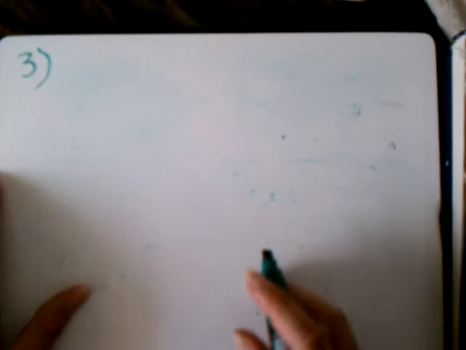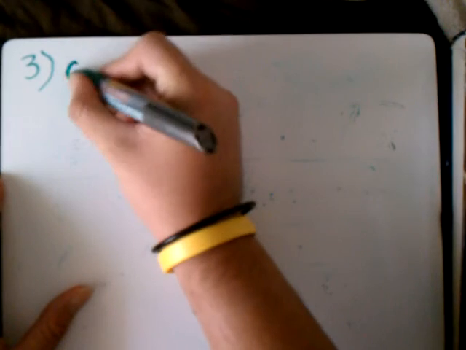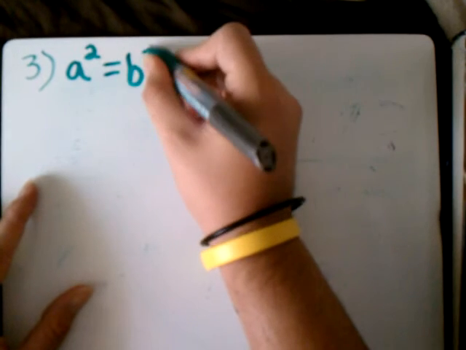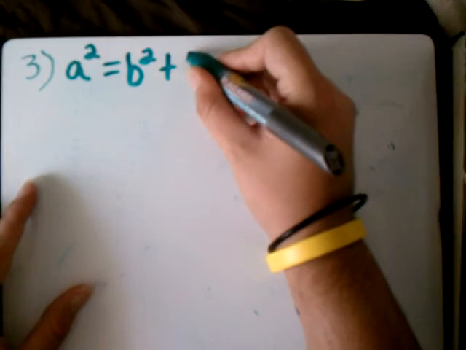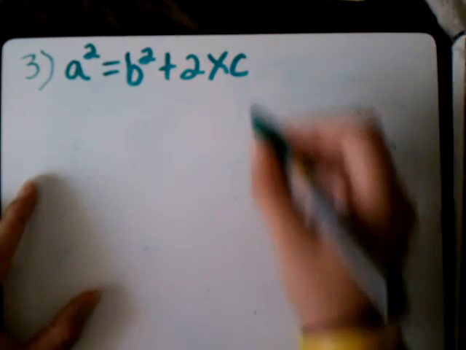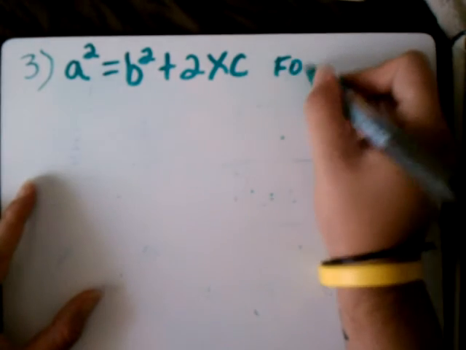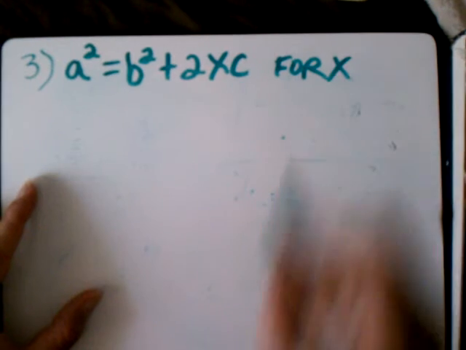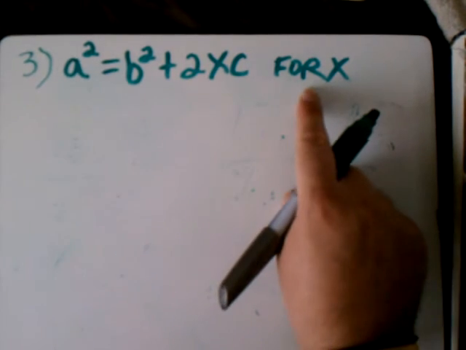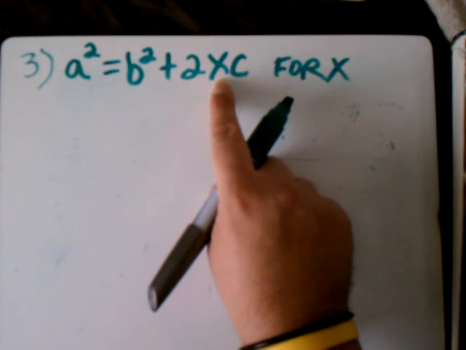This is going to be example 3. I have A squared equals B squared plus 2xc. And they want us to solve for x.